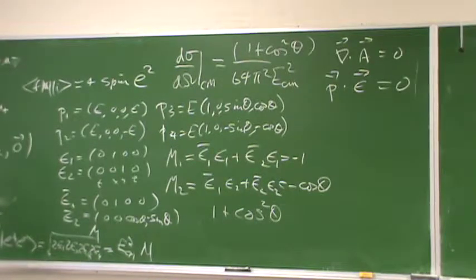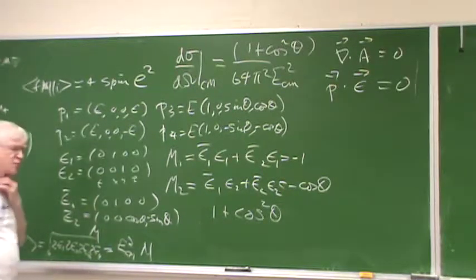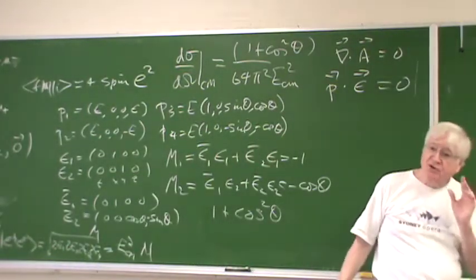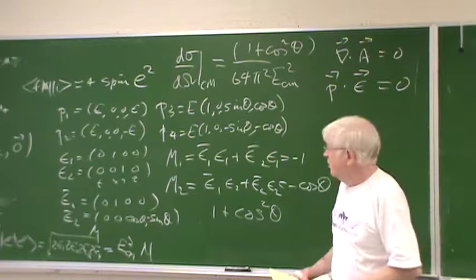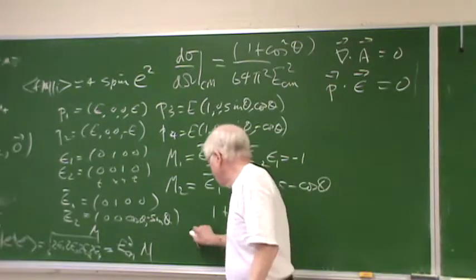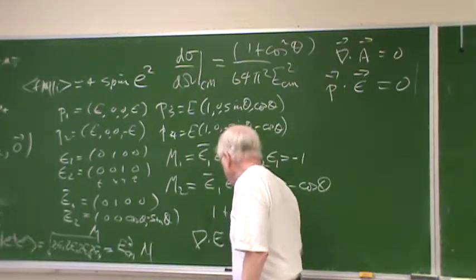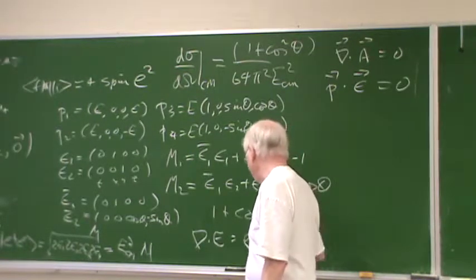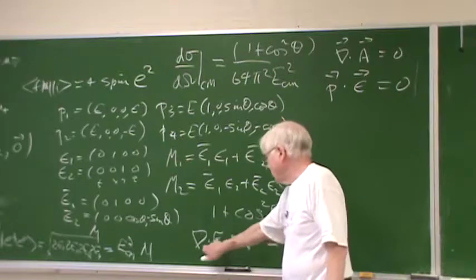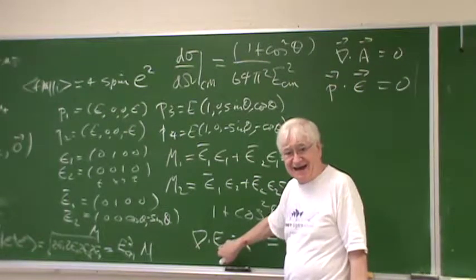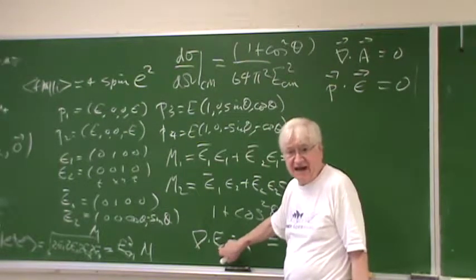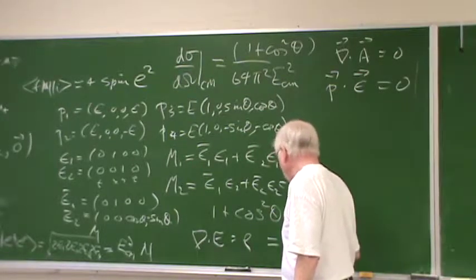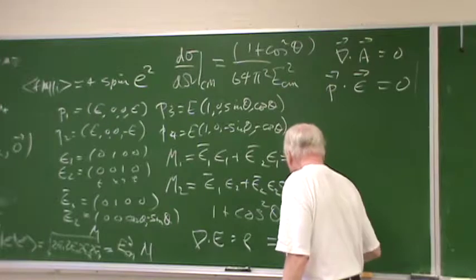The other is that when we quantize electrodynamics in the Coulomb gauge, we have Gauss's law, which tells us that del dot E is rho. And in the Coulomb gauge, del dot hitting A is 0, and hitting A dot is also 0. So this is effectively minus Laplacian A0.